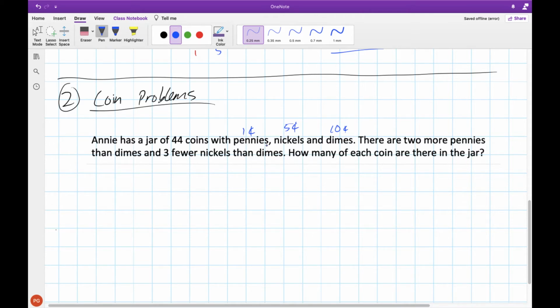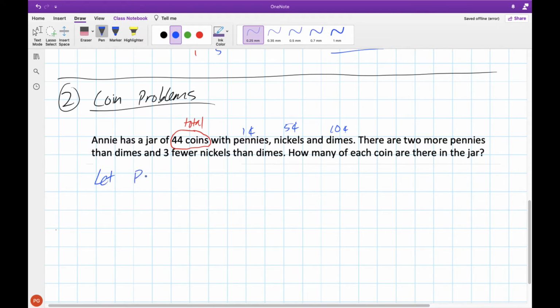So we don't actually care about what the values are, we just care about how many there are in the jar. First key piece of information here is 44 coins. So that tells us our total. And then we're told some information about the number of pennies compared to the number of dimes, compared to the number of nickels. So here, I'm going to start off with my let statement. And in this case, I'm actually going to define a couple of different variables.